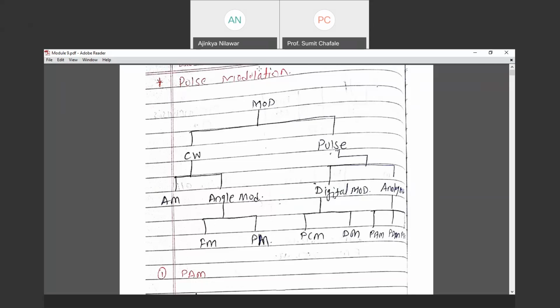Whenever you are moving around Nagpur city, or from Nagpur to outside the city, you observe many towers. Some are electrical towers connected with wires, but there are other towers beside which a dish-like structure is there. These towers are used for communication purposes, and they use modulation schemes.